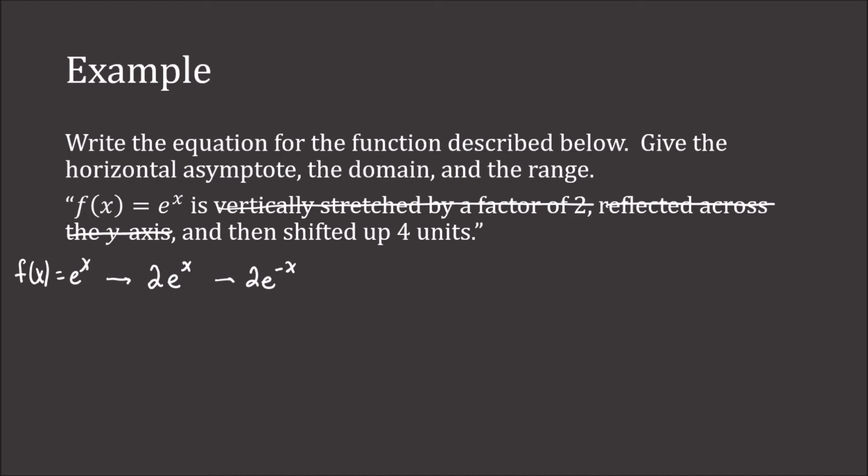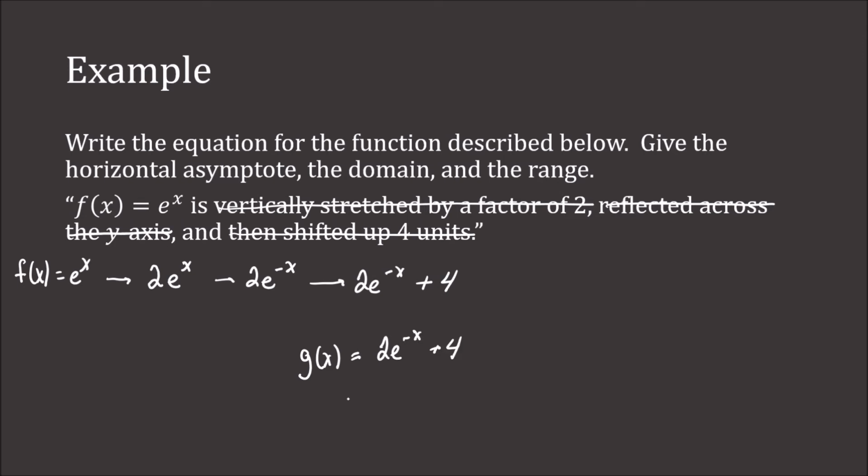And then shifted up 4 units. So that tells us that we will get 2e to the minus x and then plus 4. We've now taken care of all the transformations. So our new function, call it g of x, is equal to 2e to the minus x plus 4.